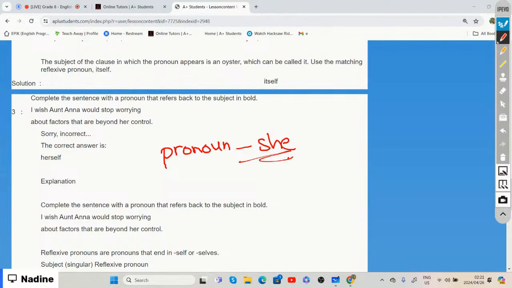And if we then refer to the reflexive pronoun that needs to refer back to she, then we can say, I wish Aunt Anna would stop worrying herself about factors that are beyond her control. Right? So herself refers back to she, refers back to Aunt Anna. And remember we said a reflexive pronoun needs to refer back to the subject, right? Anna being the subject or she being the pronoun subject.